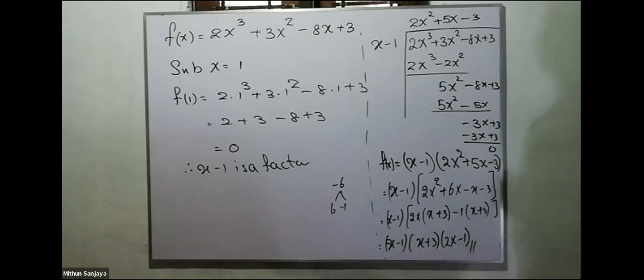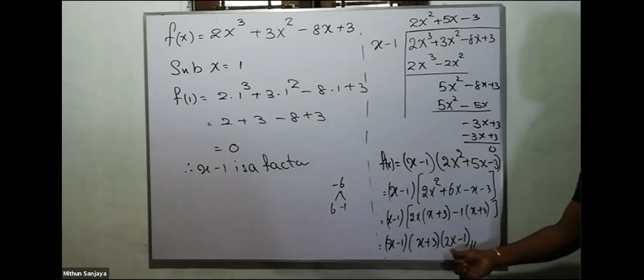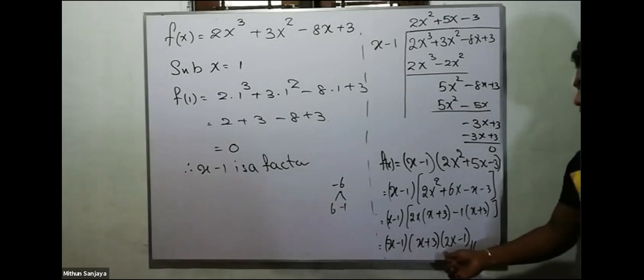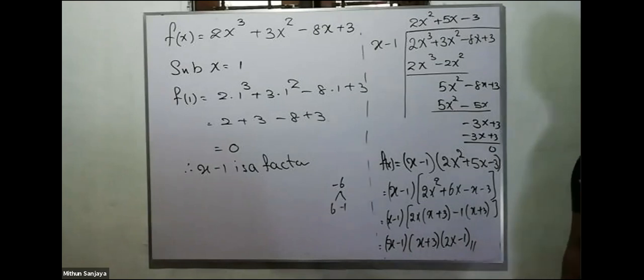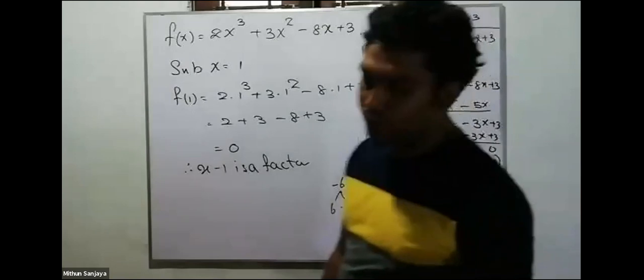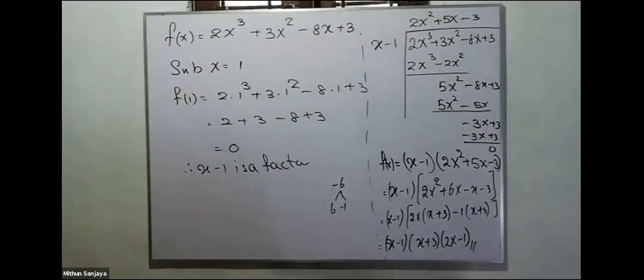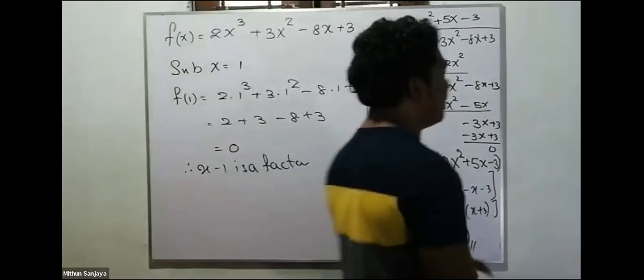They have three factors. Now we can't take the factor 2x − 1 using the factor theorem directly. We need to substitute x = half, and then we can identify 2x − 1 is a factor.